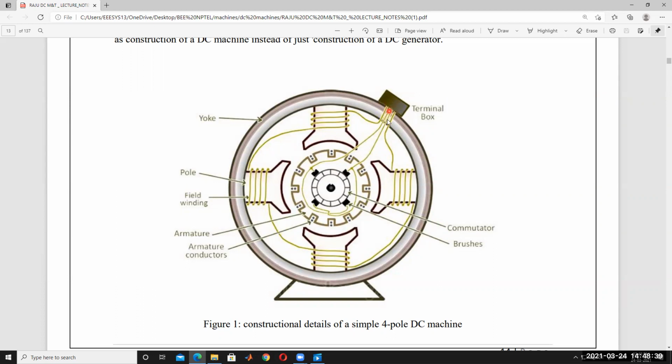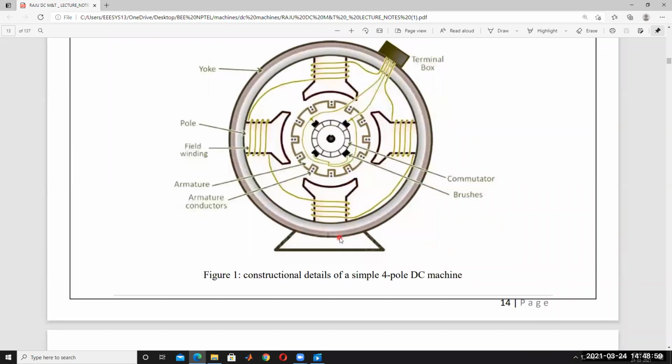In a permanent magnet this is not possible. That's why for large machines, field control is possible using an external supply, while small toy motors use permanent magnets.